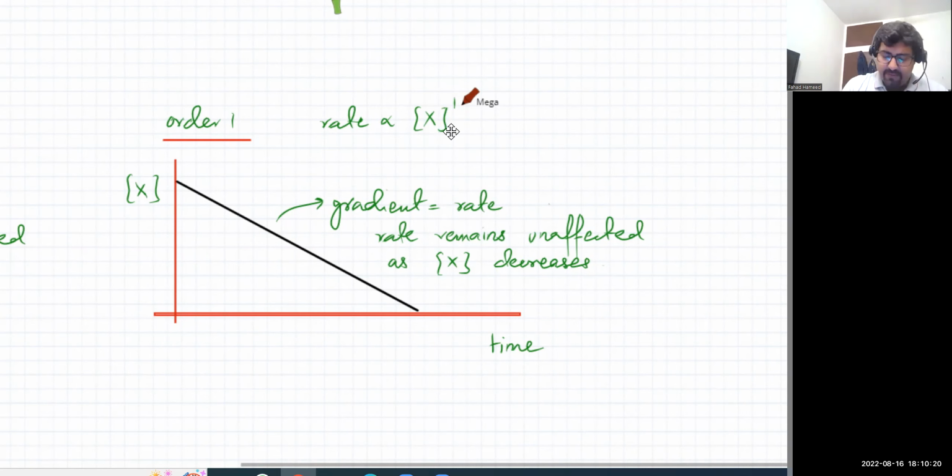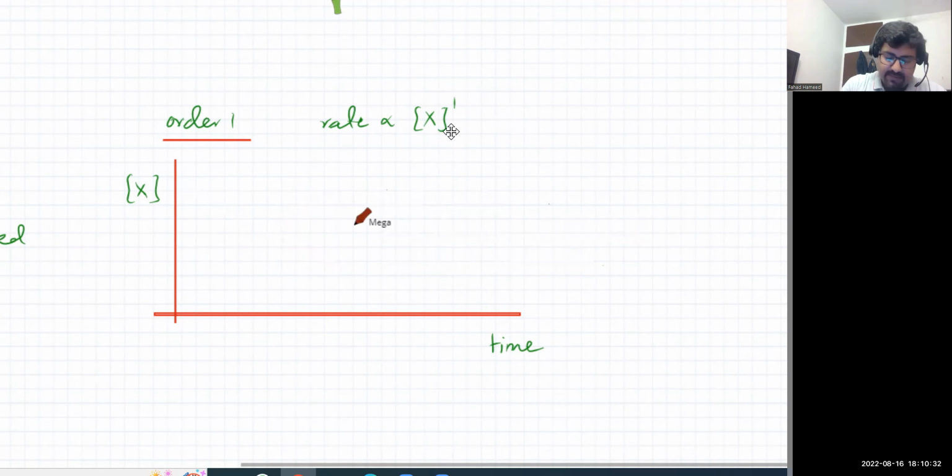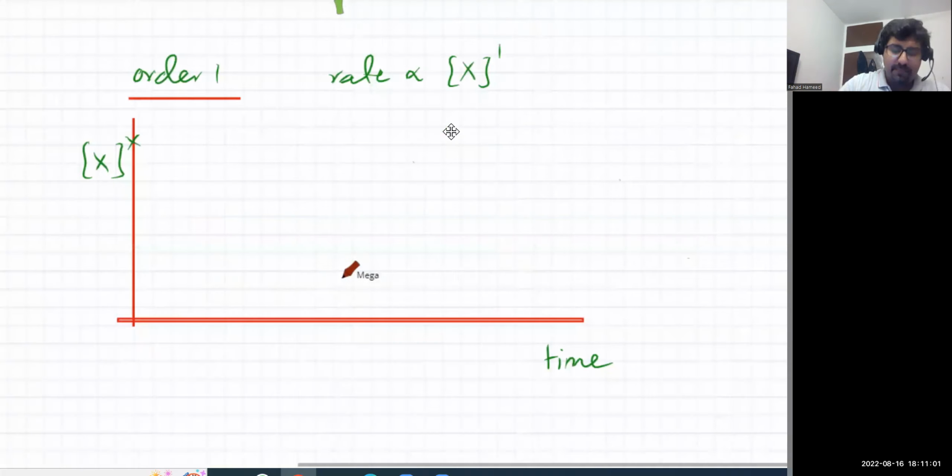So the graph of a first order reaction is not going to be a constant straight line. It's not going to be a line even. It's going to be something like this. So let me plot this. Let me count the boxes: 1, 2, 3, 4, 5, 6, 7, 8, 9, 10. I said most reactions will have a graph that would be very similar. Let me just plot the points.